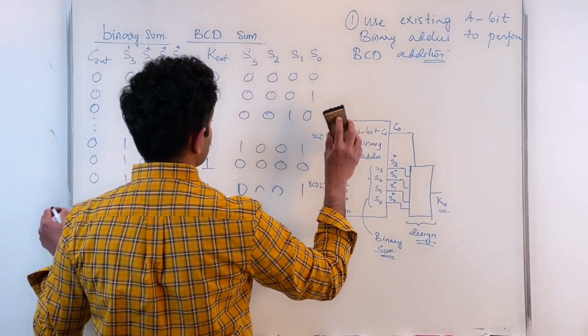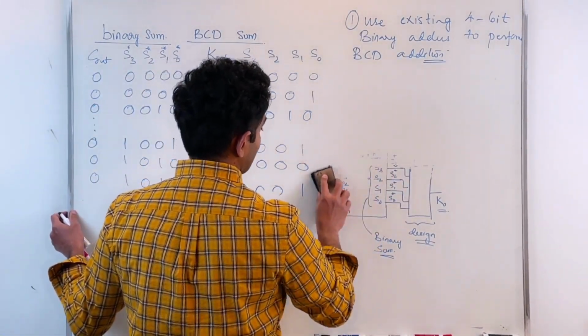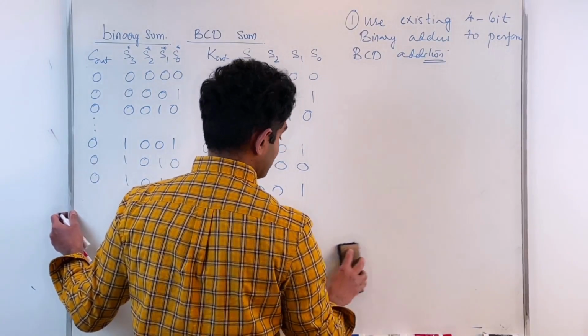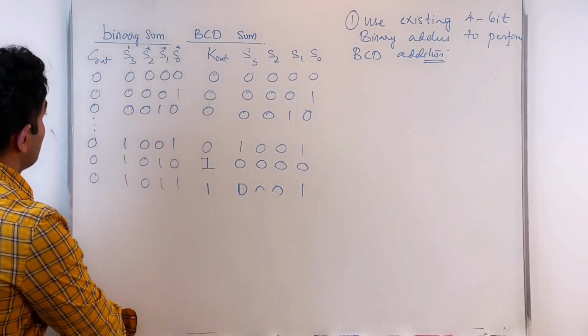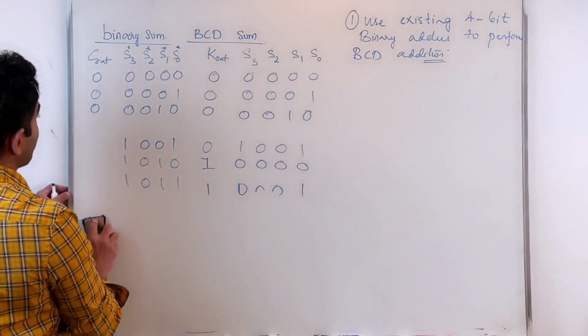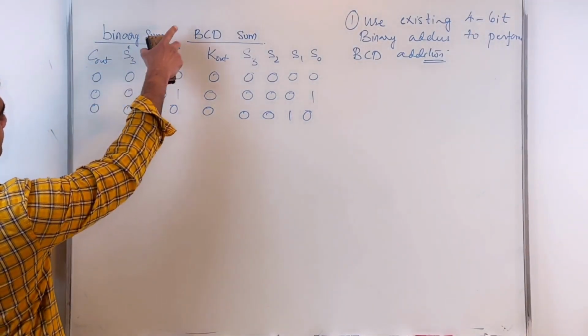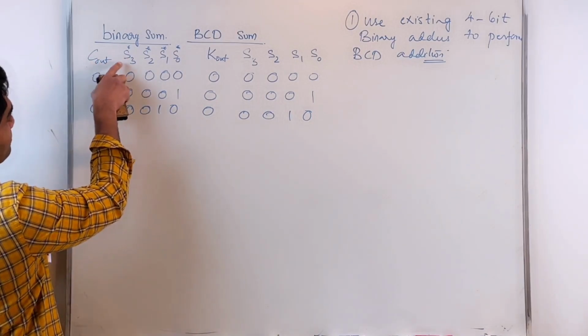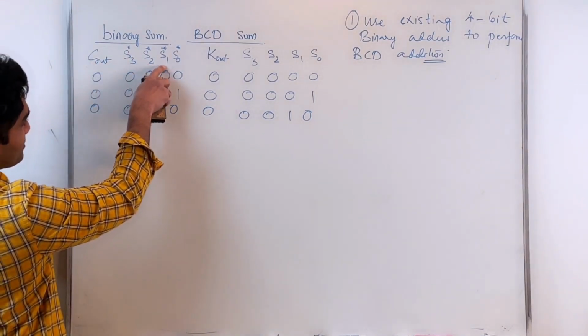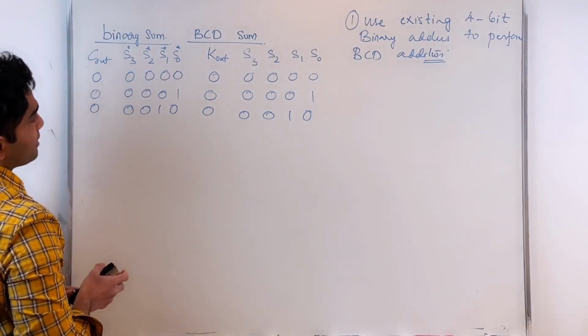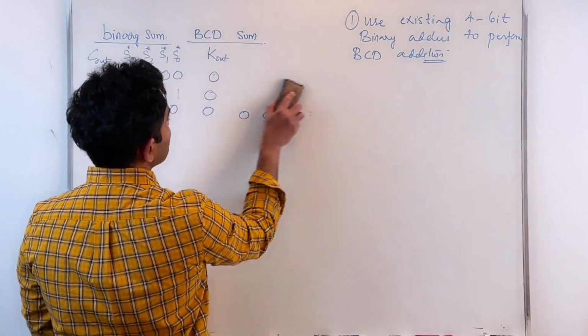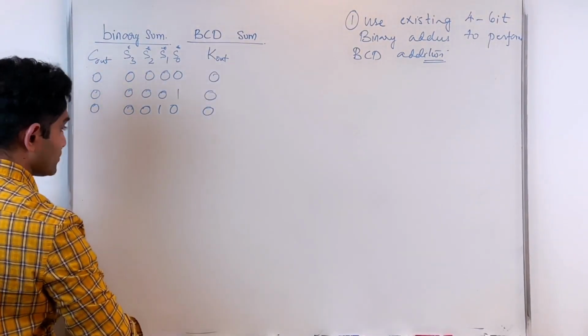Okay. So let me get rid of that for now, and then we'll draw this again. So let me properly do this now. So again, the system takes in C out, S3 star, S2 star, S1 star, S0 star, and looks at K out, right?